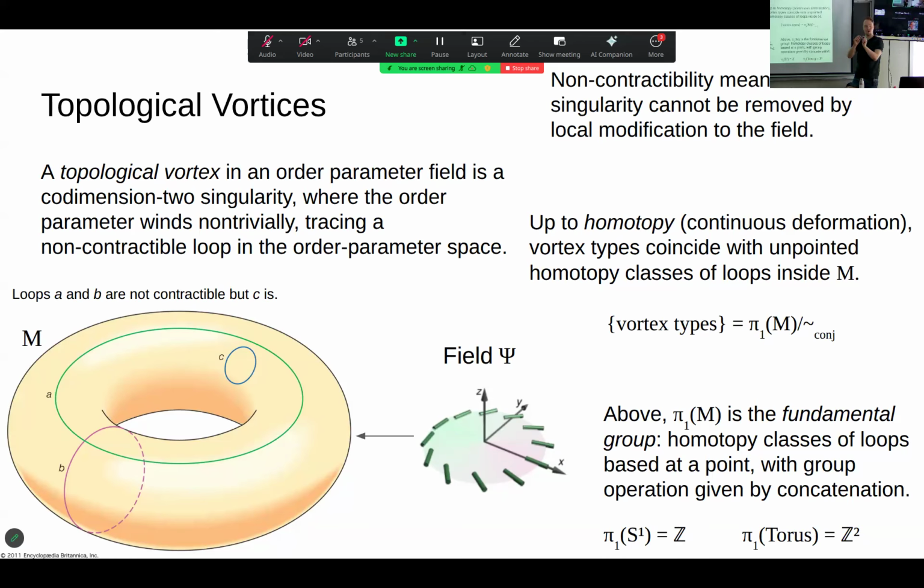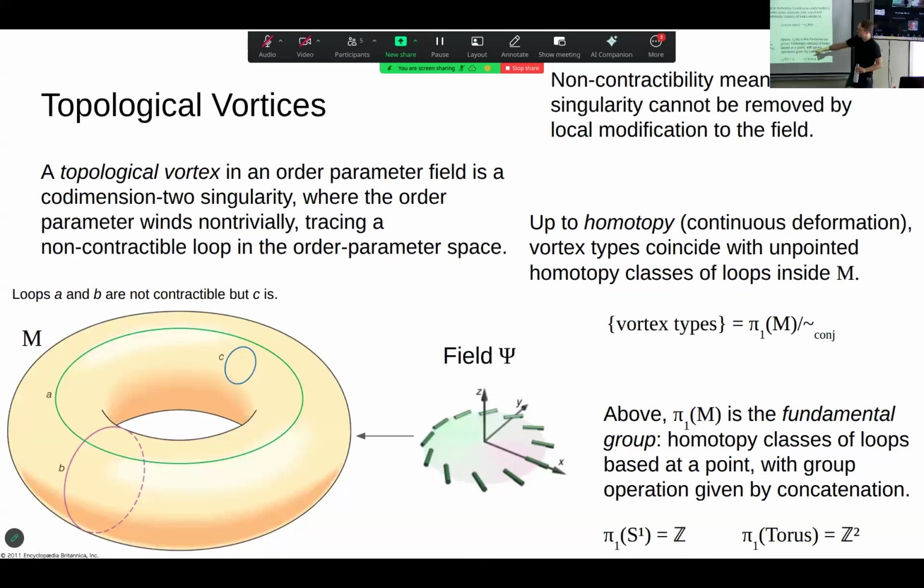This has an algebraic structure given by concatenating loops, because you have two loops from the same point. You can first traverse the first one and then the second one. And this is some algebraic structure that, given a shape, topologists really know many tricks to compute. It's very computable.